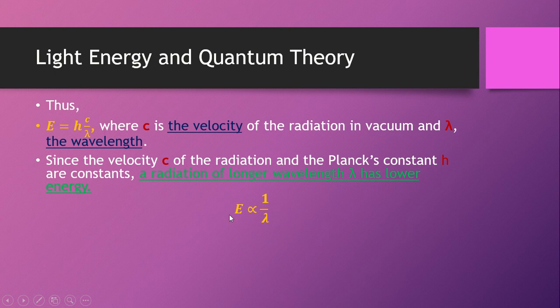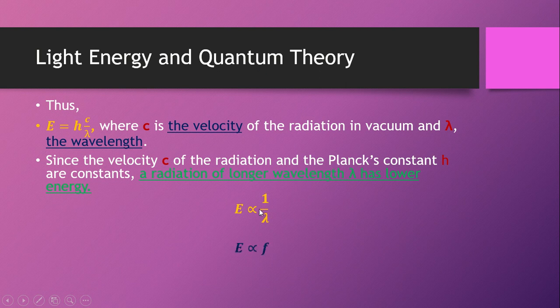So this statement simply means E, which is energy, is inversely proportional to wavelength. So it means the higher the wavelength, the lower the energy, and the higher the energy, the lower the wavelength. The radiation of longer wavelengths has lower energy. I believe this statement helps to explain that.